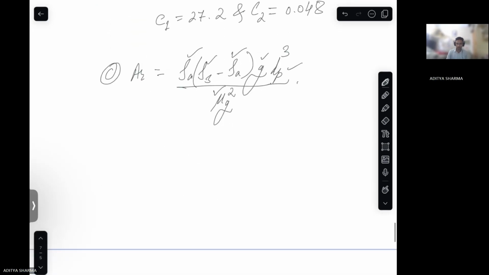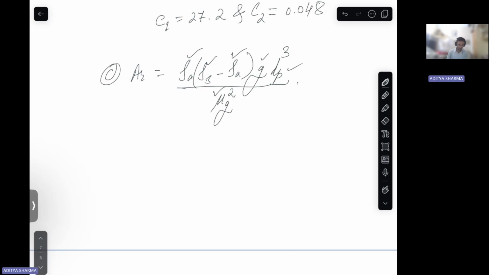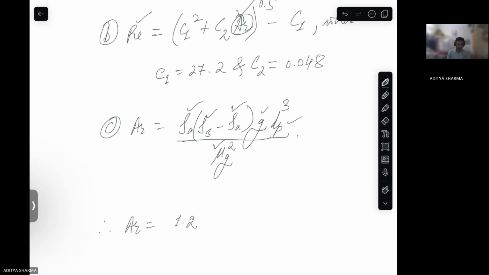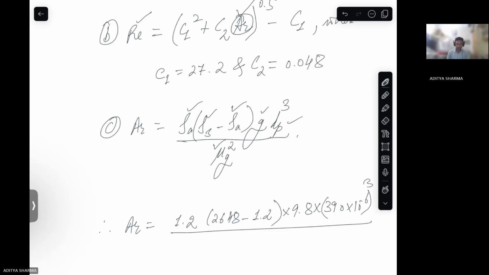So first we will calculate Ar. Ar equals 1.2 times (2648 minus 1.2) into 9.8, where g is the acceleration due to gravity, times dp, which is 390 into 10 raised to power minus 6, raised to power 3, divided by viscosity, 1.8 into 10 raised to power minus 5, squared.